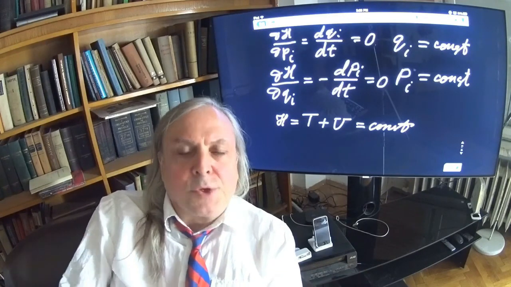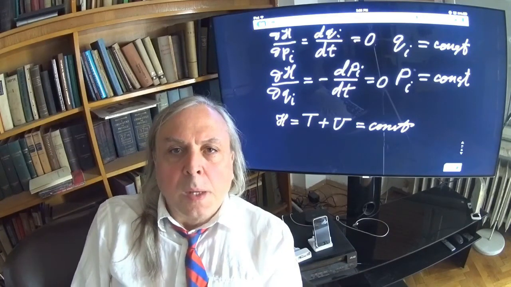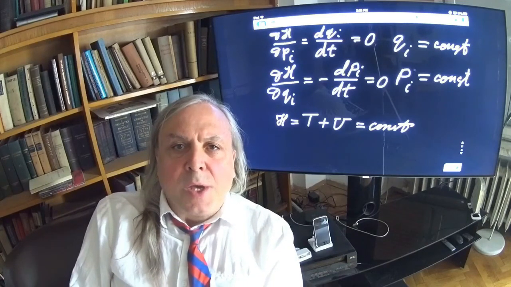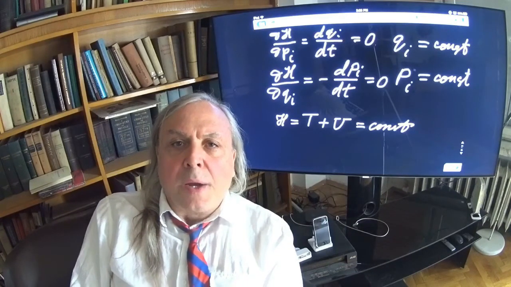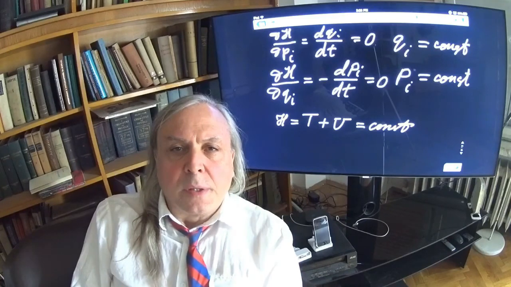The system is not in motion. This means that Hamilton's equations are equations of rest, not equations of motion.